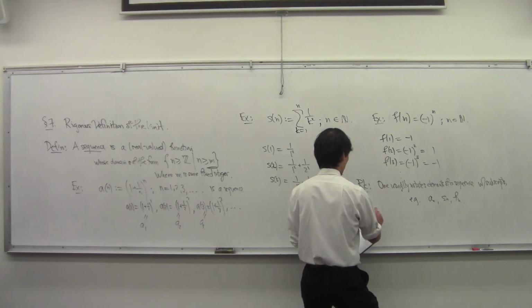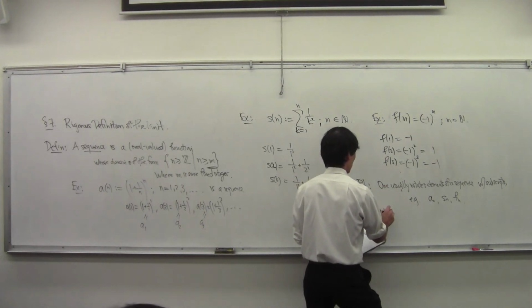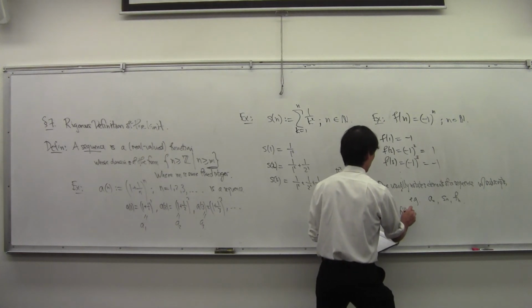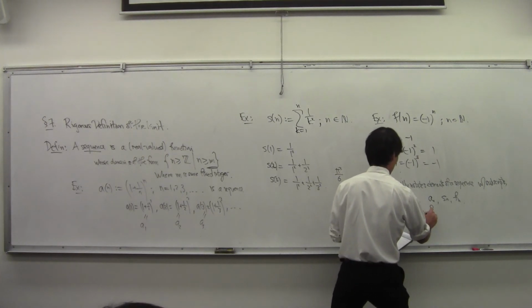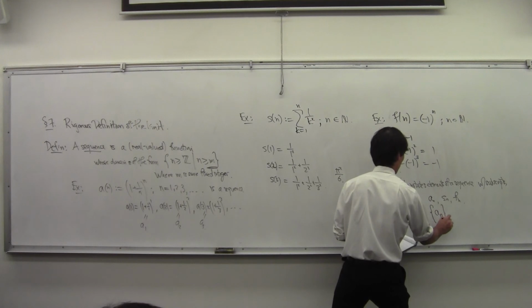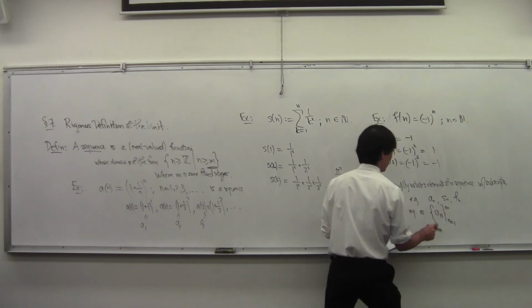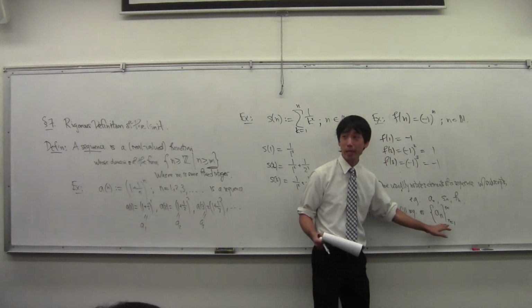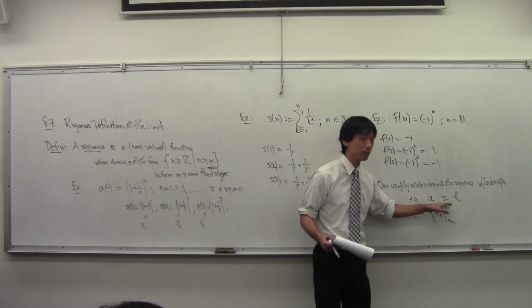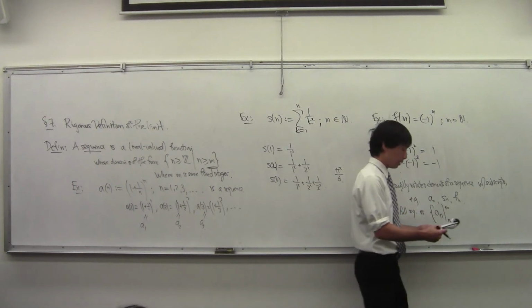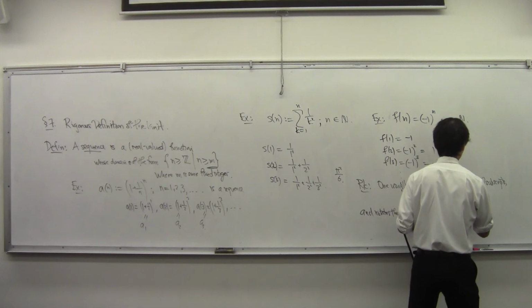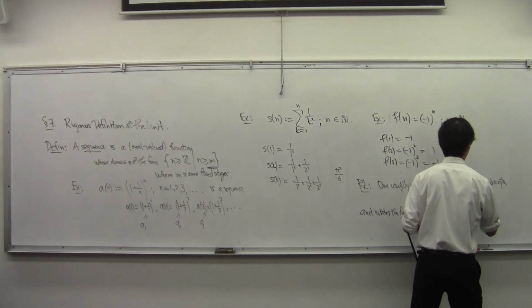And one notates the full sequence as this sort of thing: the set of S sub n, the set of a sub n as n goes from 1 to infinity. Or some people use this notation, a bracket.